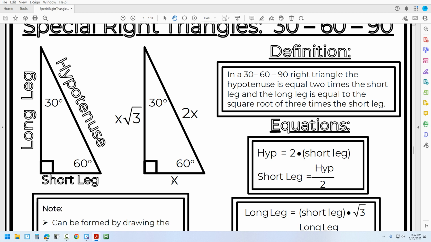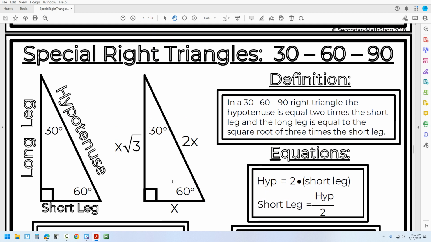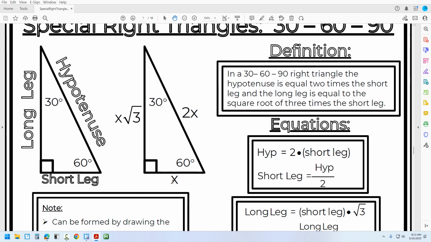Now, is that true in every single triangle? No. It's just true in this type of triangle, 30, 60, 90. Okay, it's a special connection. All right, so there's a couple blanks in that top box. So the first one says in a 30, 60, 90 right triangle, the hypotenuse is equal to, and that's actually what I was just telling you, 2 times, or double, the short leg.